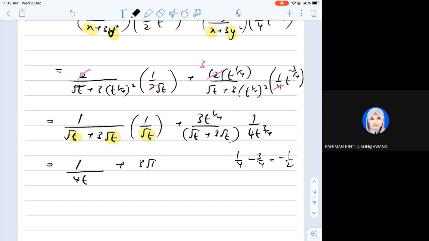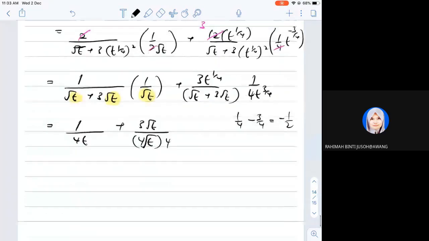So 3 square root of t divided by 4 square root of t, like that. Do you all understand what I am doing here? Okay, wait a minute. Slowly.